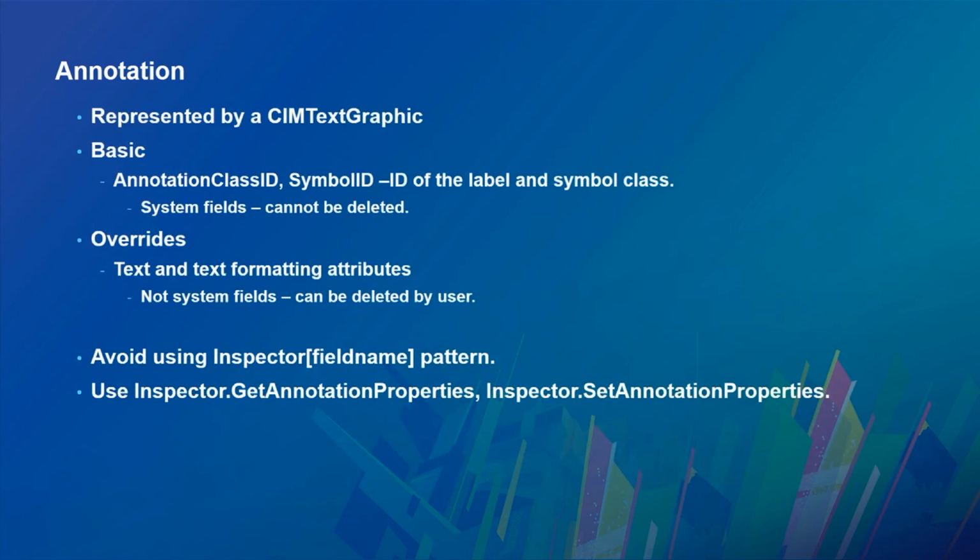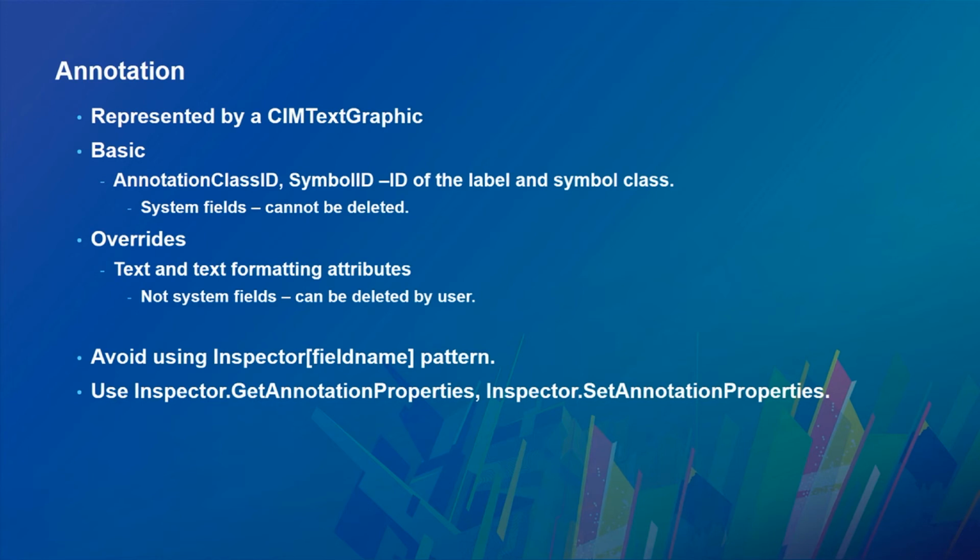Like I was saying, the important thing about an annotation is how it's represented, and your basic symbol is by using an annotation class ID and a symbol ID, so one ID from each of those two collections. And these two fields are on the annotation feature class. They are symbol system fields, which means they can't be deleted. Any of the other options that you might want to do overrides on that SimText graphic are not system fields.